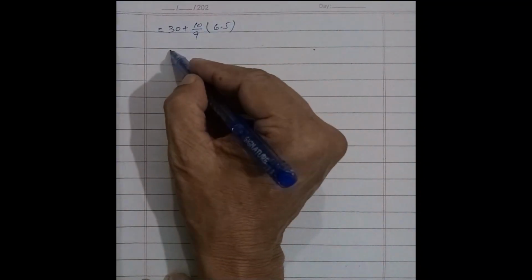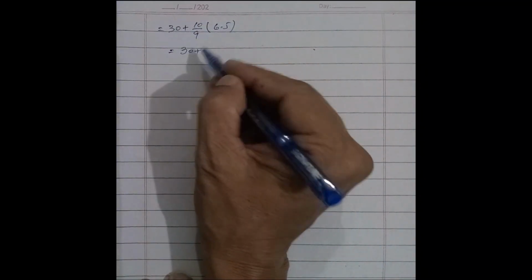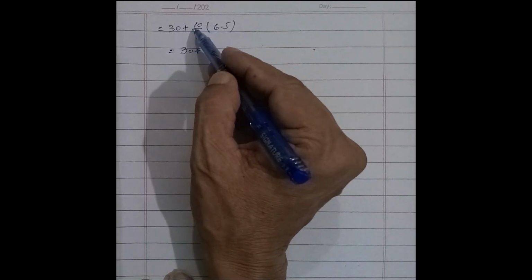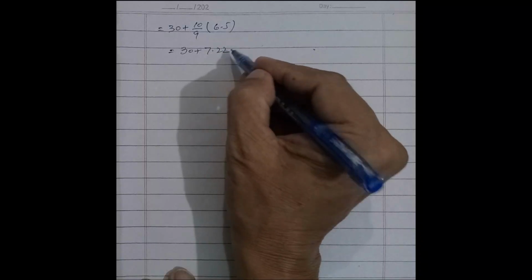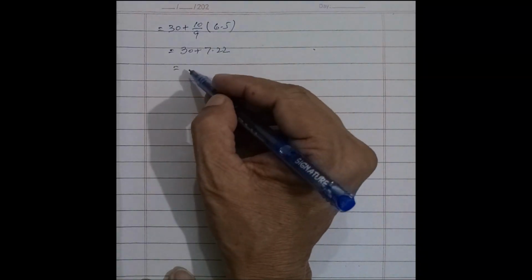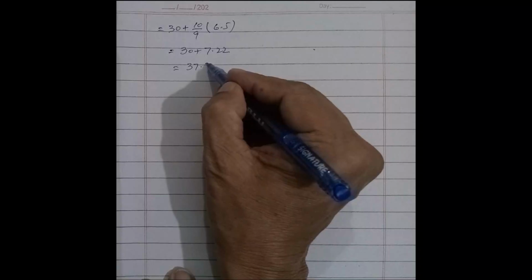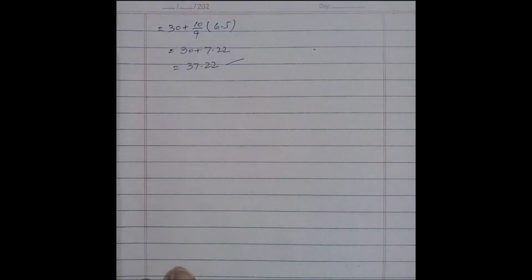Then simplify these values: 30 plus 10 by 9, we divide 10 by 9, then multiply by 6.5. The answer is 7.22. And hence the median of this question is 37.2, the answer of the question.